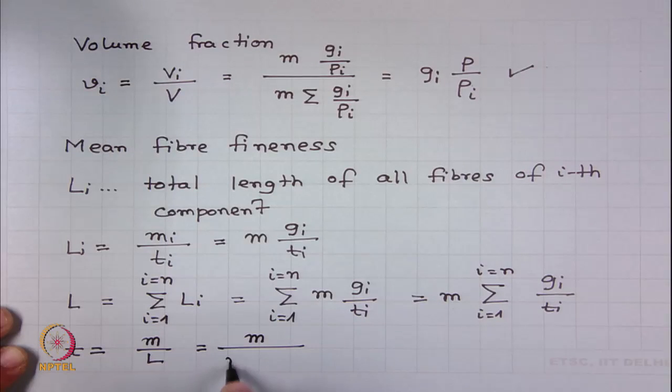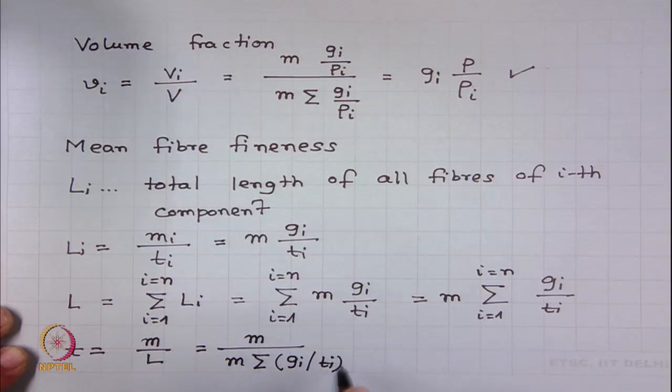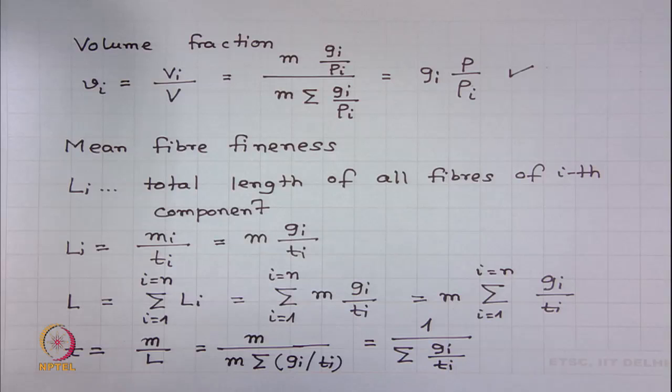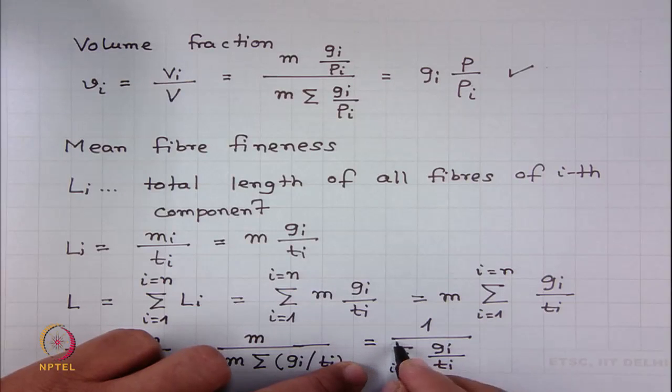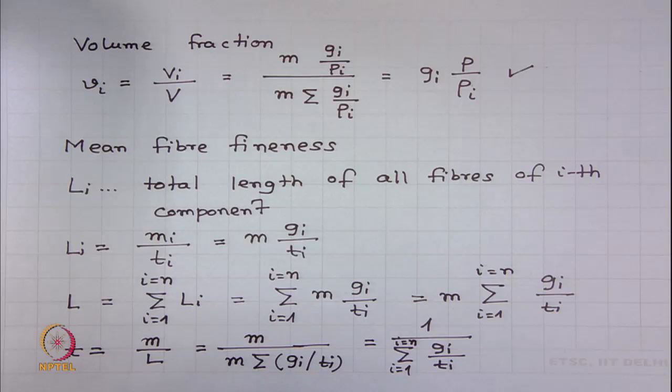L is m into summation gi by Ti, I is equal to 1 to n. So, here again we see that the mean fiber fineness of the blend is the harmonic mean of the fineness of individual components weighted by mass fraction of the fibers in the blend.